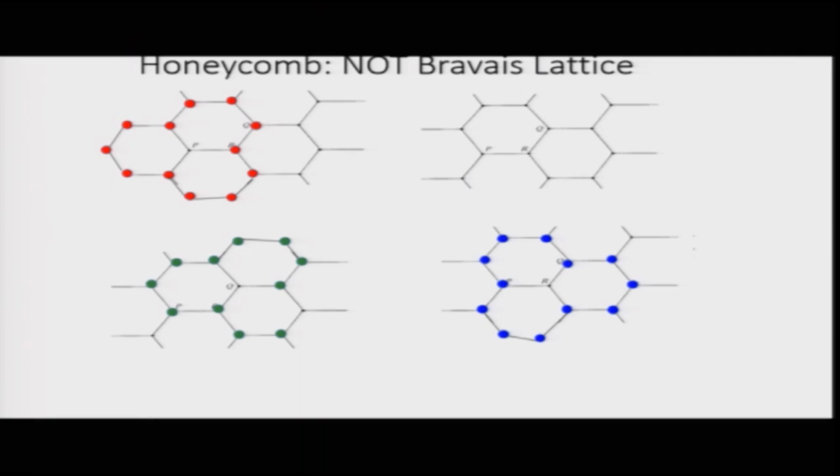So, let us go back to our discussion of Bravais lattice. One important consideration while discussing the Bravais lattice is the distribution of atoms around a given point. They have to be identical from point to point.